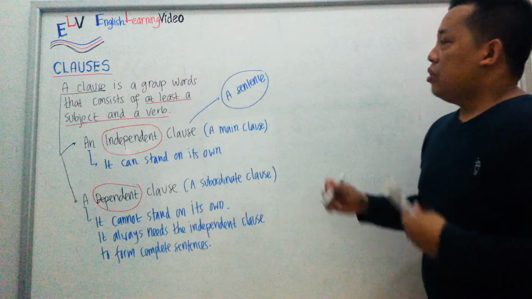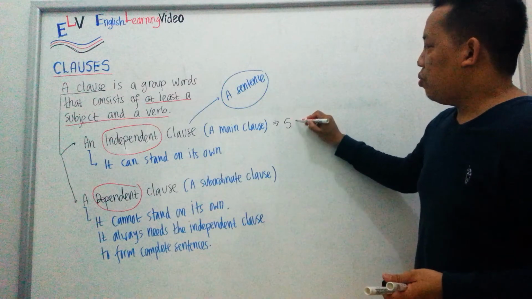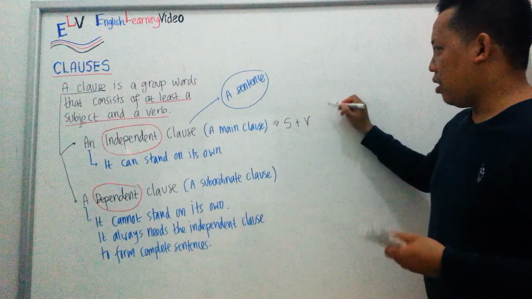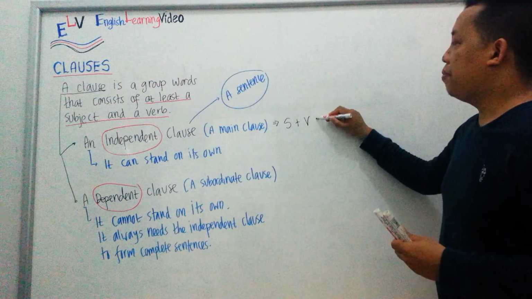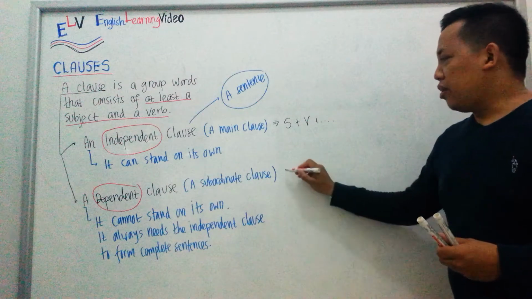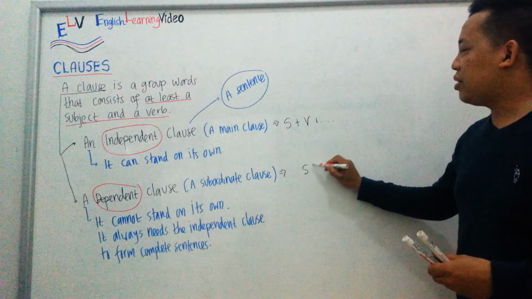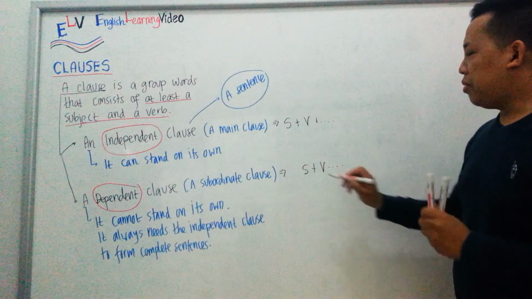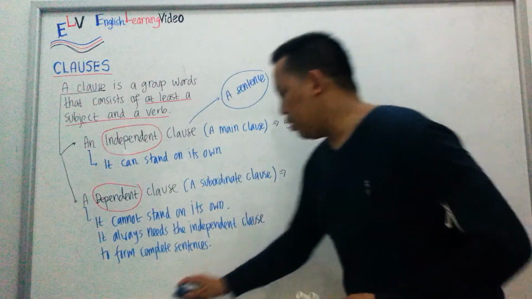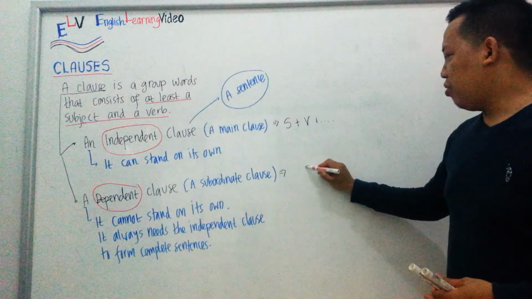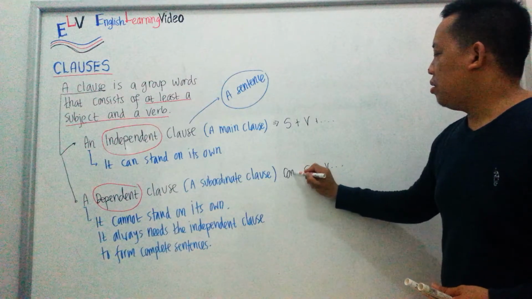Alright? So for an independent clause, we can just write that it consists of a subject and a verb, while a dependent clause, as it cannot stand alone, although it has a subject and a verb here, something that makes it unable to stand on its own is the presence of a conjunction.